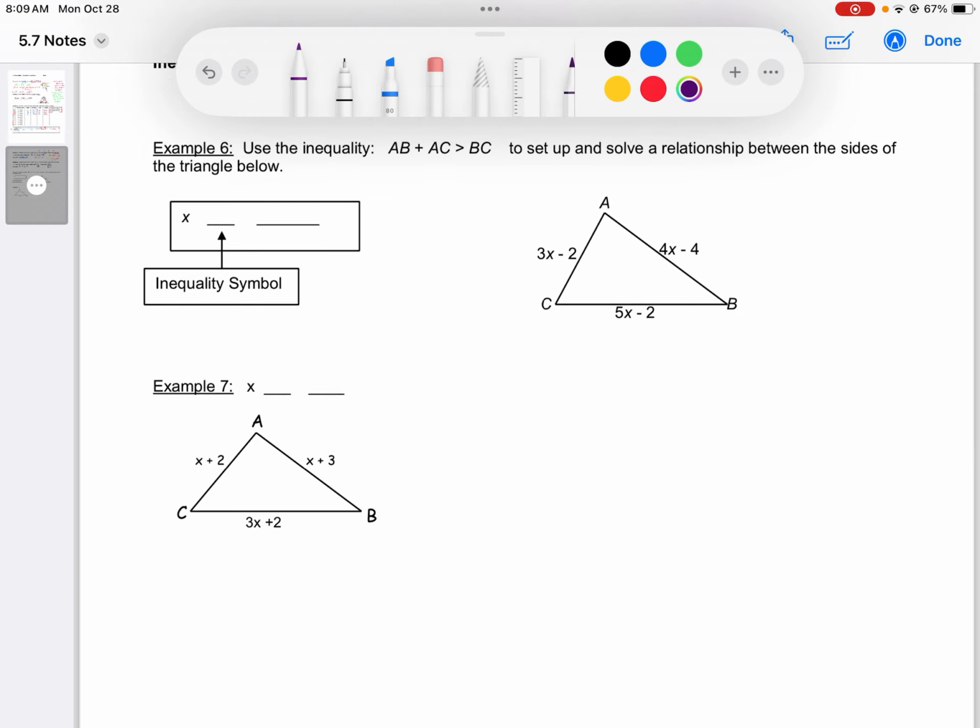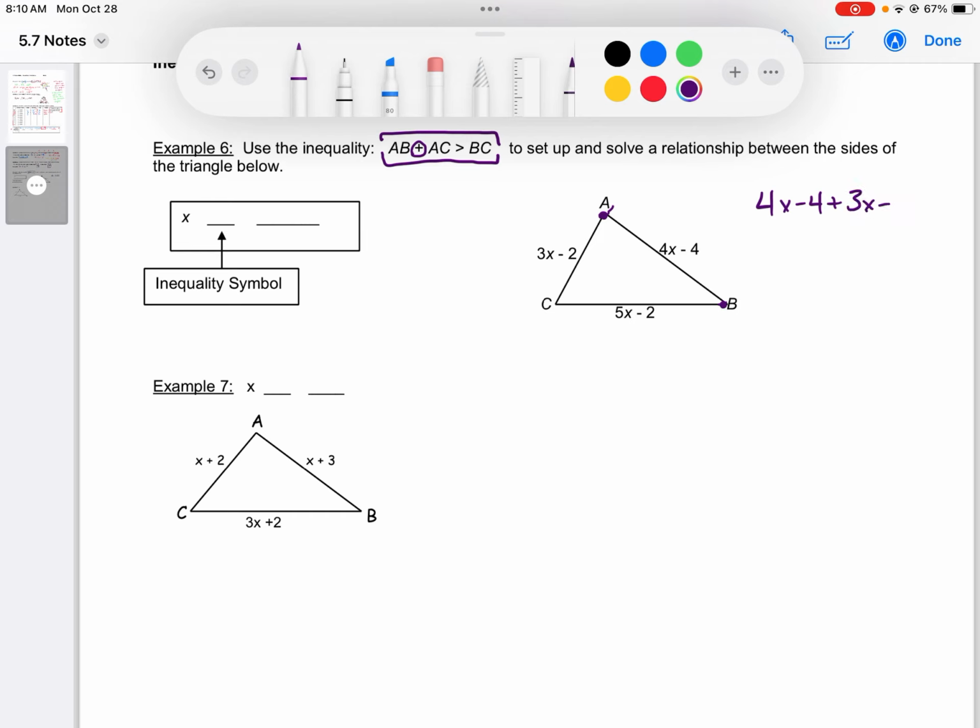All right. Examples 6 and 7. Use the inequality AB plus AC is greater than BC. That's just the theorem that we just learned, written as a little formula, to set up and solve the relationship between the sides of the triangle below. So AB is 4x minus 4.